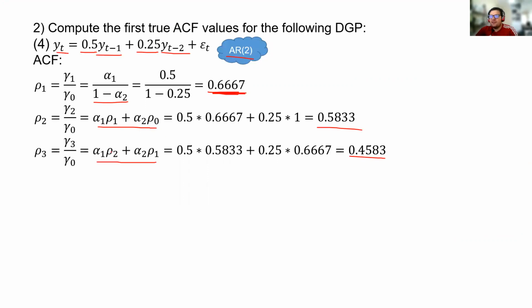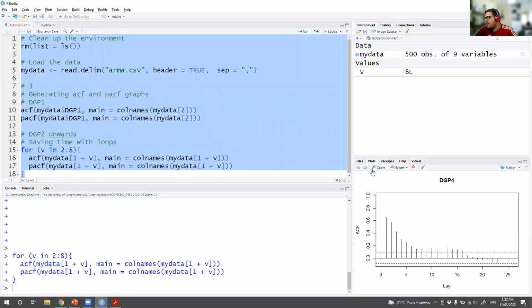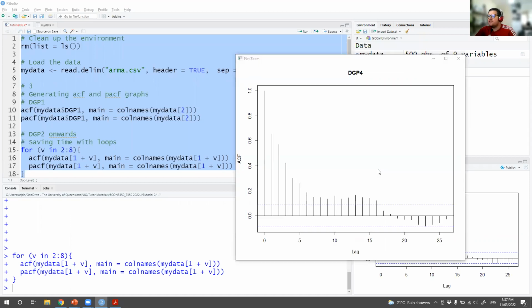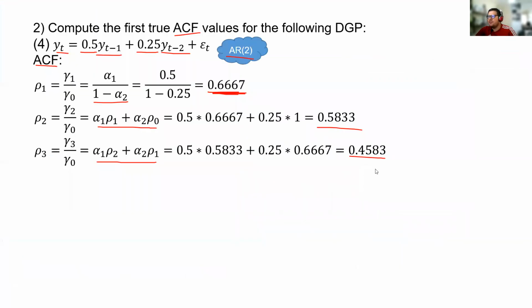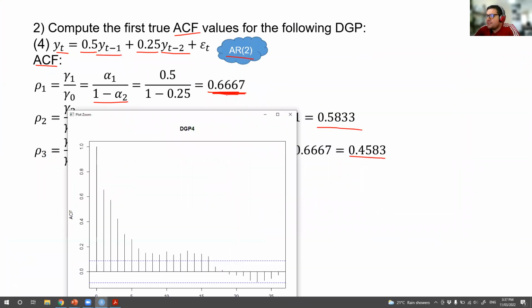And I did not calculate a PACF. It was only asked to do the ACF anyway, so I will not bother. So let's check the ACF for that fourth data generating process. Notice how it starts a bit above 0.6, then it goes to a little bit below 0.6, so that's 0.58.